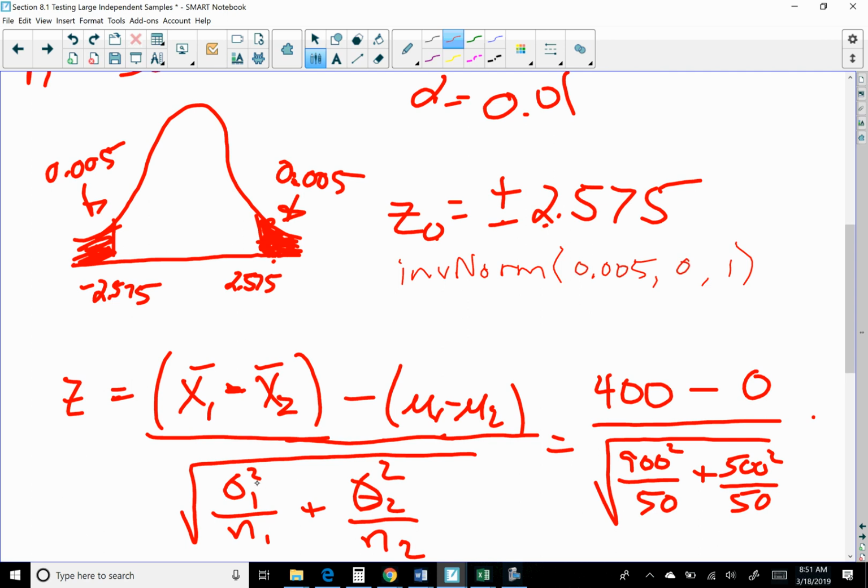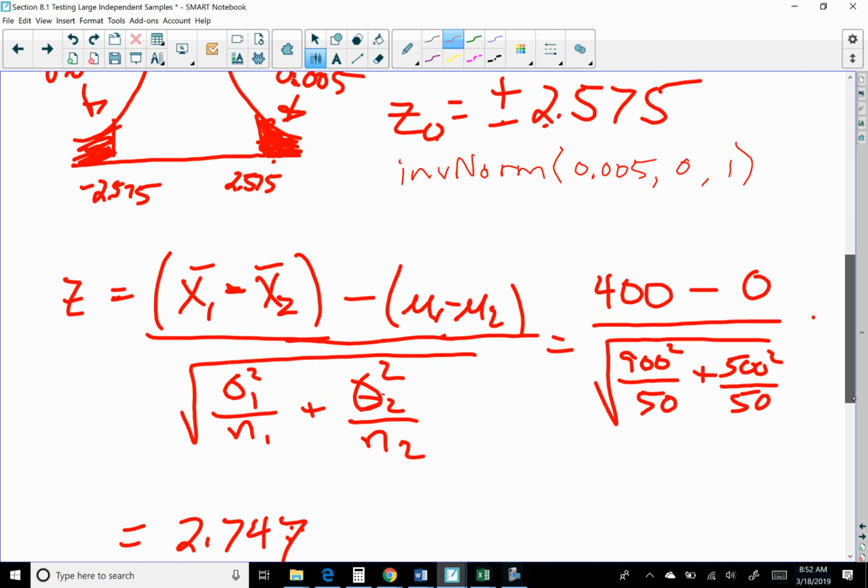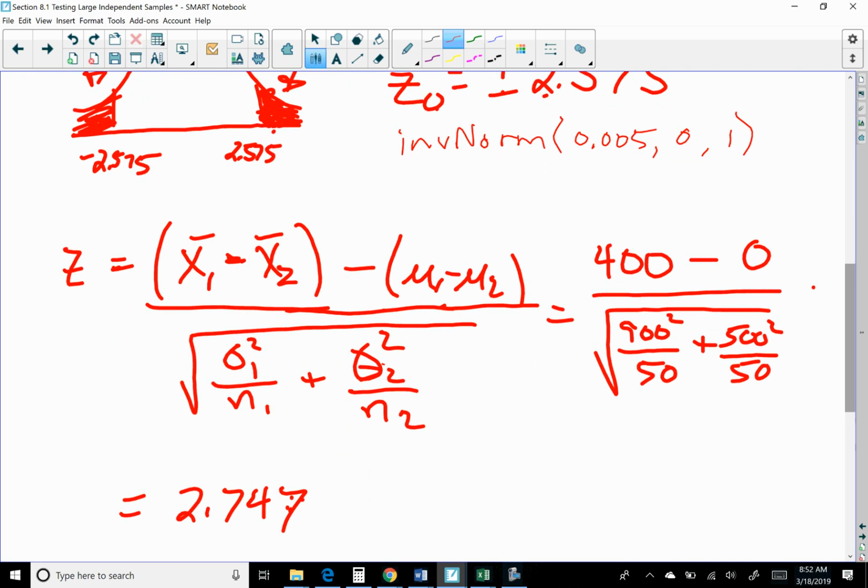And then we divide by the square root of the variance from population 1 over n1 plus the variance for population 2 over n2. That's the square root of 900 squared over 50 plus 500 squared over 50. And we get a standardized test statistic of 2.747.